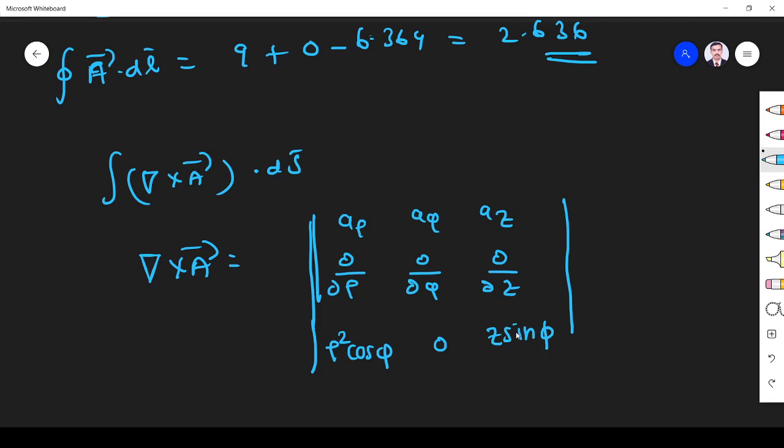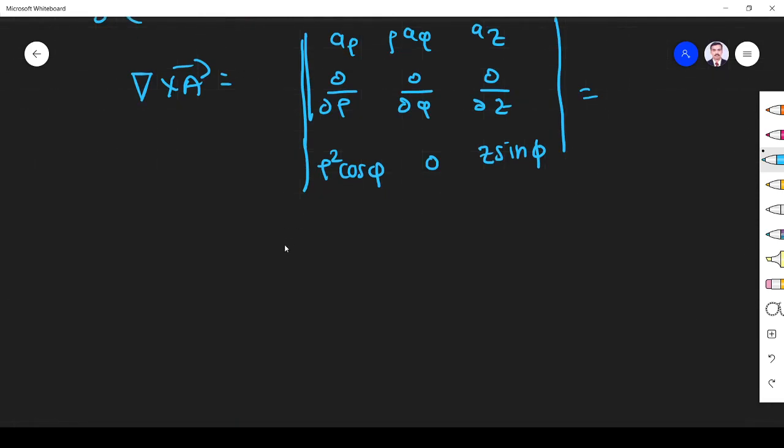We also have to put 1 by rho, don't forget. If you simplify the matrix equation, what you get is rho sin phi a_z. This is del cross A.